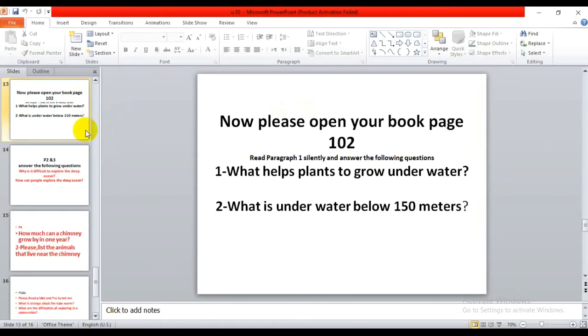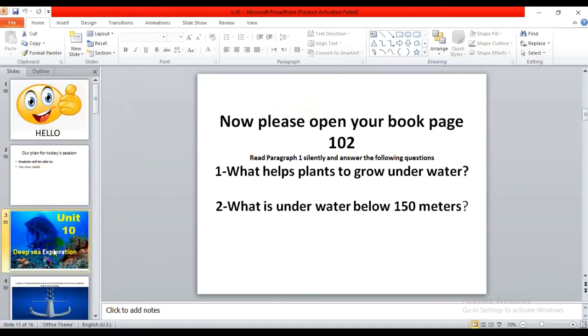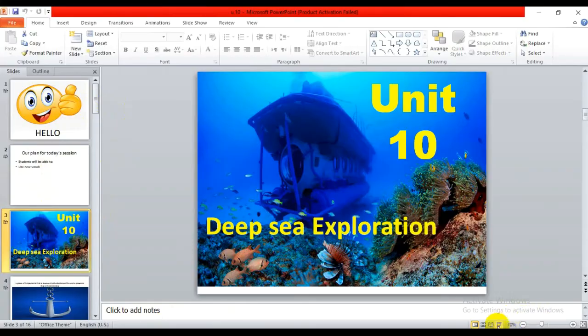Now we will revise the new vocabulary again till everything will be clear.